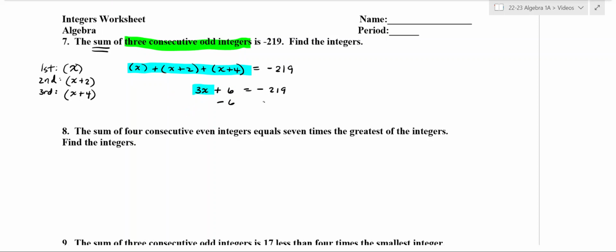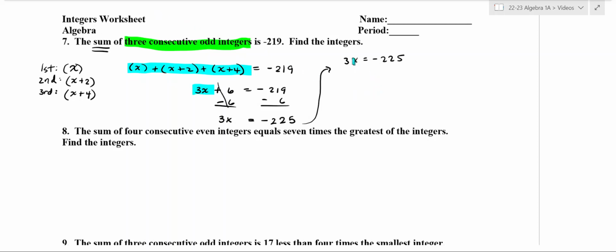So we're going to do minus 6, minus 6. And now we have 3x equals minus 219 minus 6, which is minus 225, right? I'm out of room, so I'm going to rewrite it over here. 3x equals negative 225, all right?